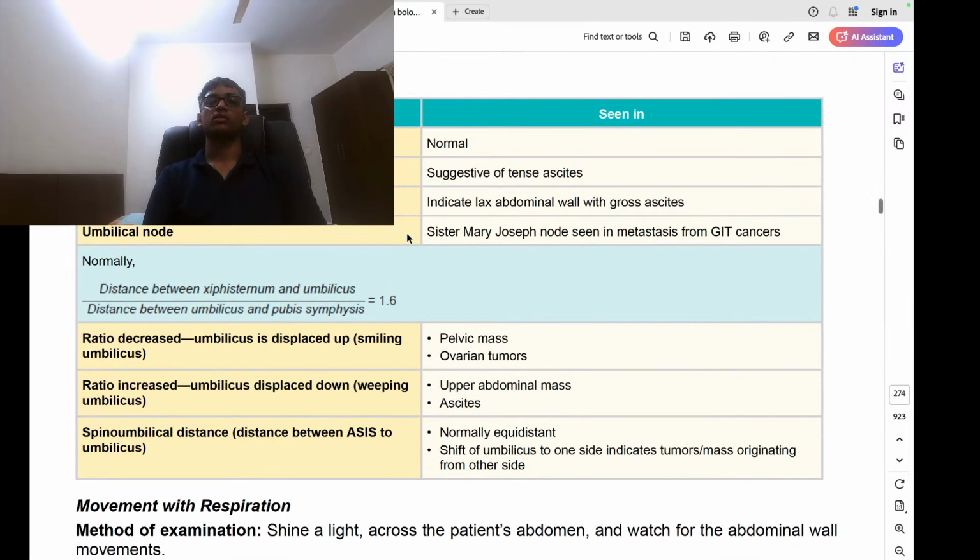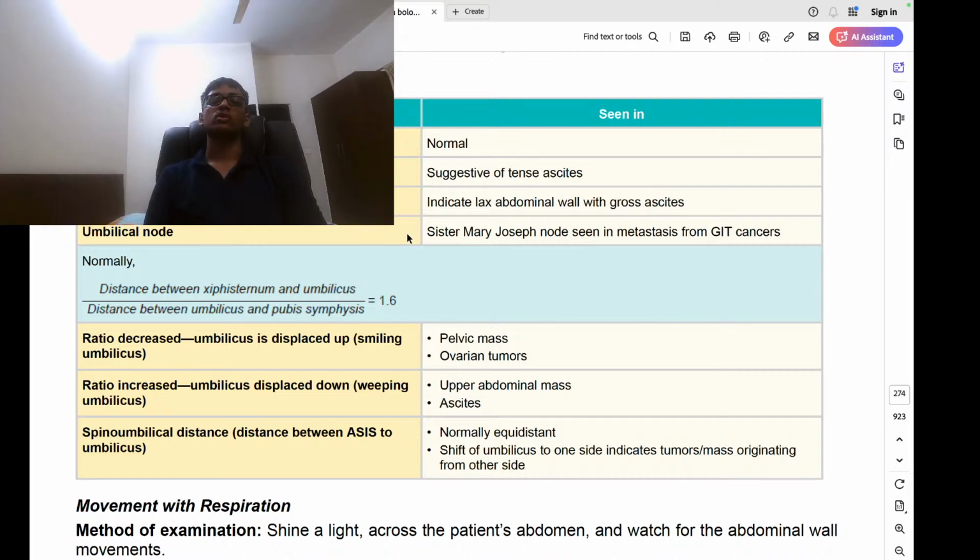Umbilicus: slightly everted or retracted is normal. Everted is suggestive of tense ascites. Umbilical hernia occurs with a lax abdominal wall due to gross ascites. Umbilical nodule is Sister Mary Joseph nodule, seen in metastasis from GI cancers. Normally the distance between the xiphisternum to the umbilicus and umbilicus to the pubic symphysis is 1:6.